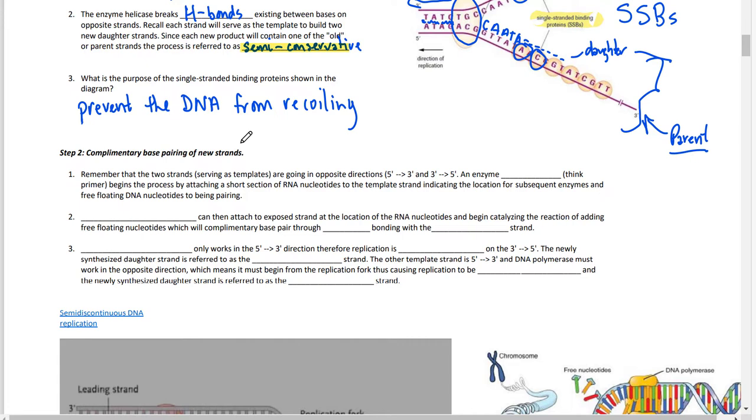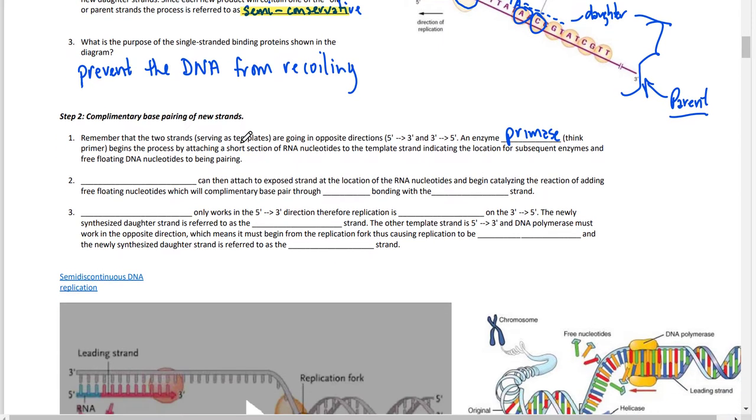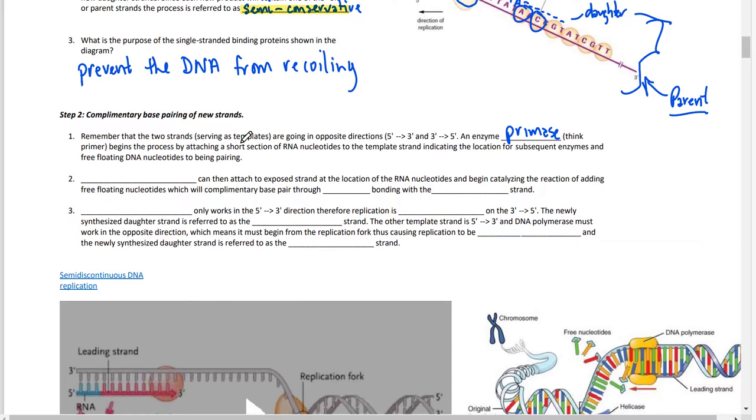Now, to get the whole process started, an enzyme called primase, and you might think of the word primer, right? Begins the process by attaching a short section of RNA nucleotides to the template strand, indicating the location for subsequent enzymes and the free-floating DNA nucleotides to begin pairing.